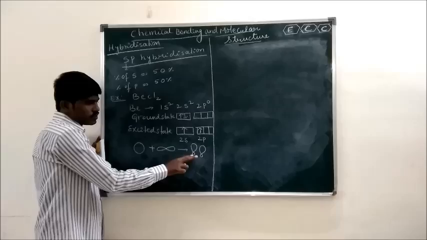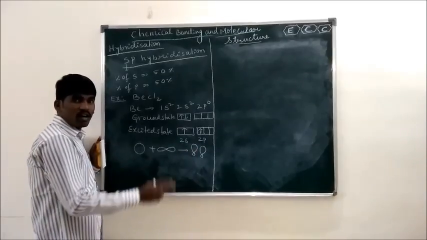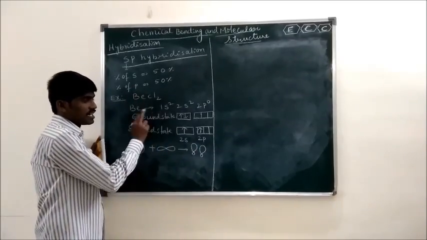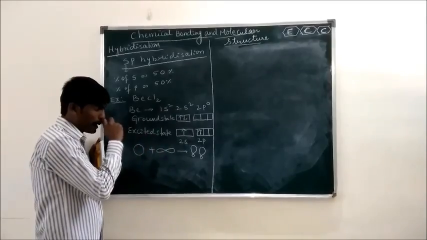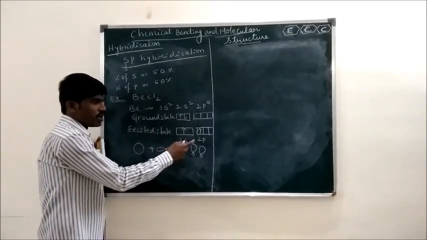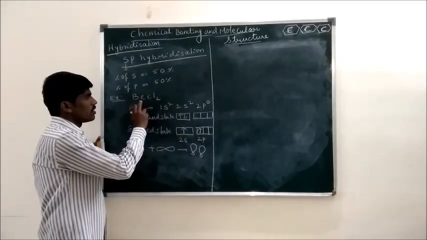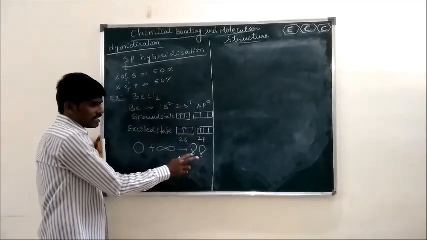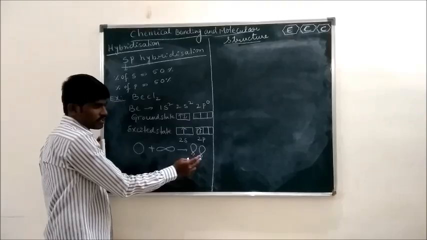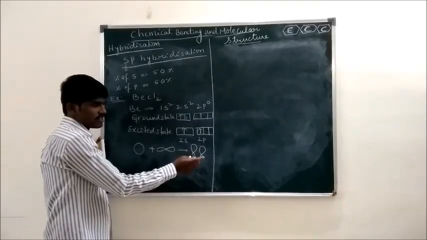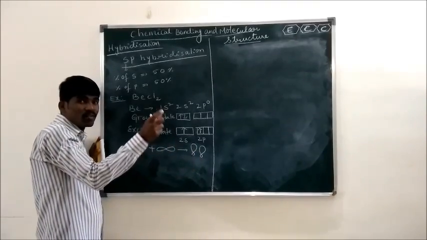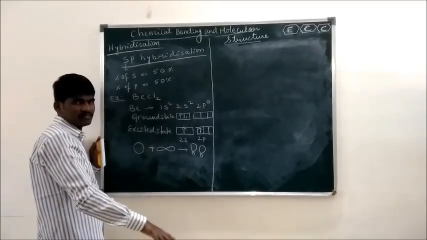And these two sp hybrid orbitals of beryllium, as I already told you the condition, the atomic orbitals must belong to the same atom. 2s also belongs to beryllium and 2p also belongs to beryllium. And these two hybrid orbitals can be arranged in space in such a way that electron pair repulsions are less.